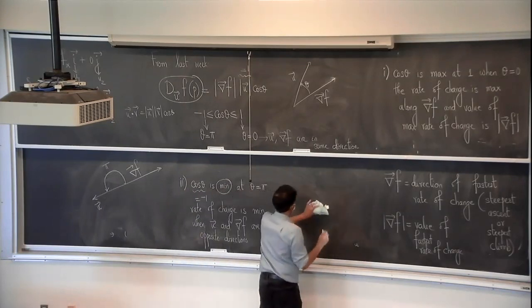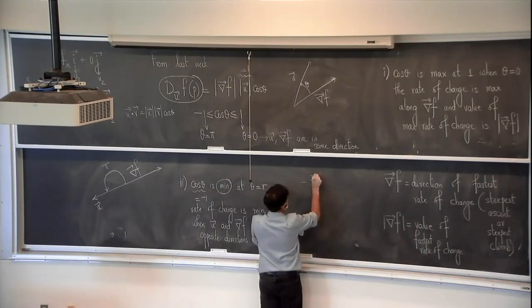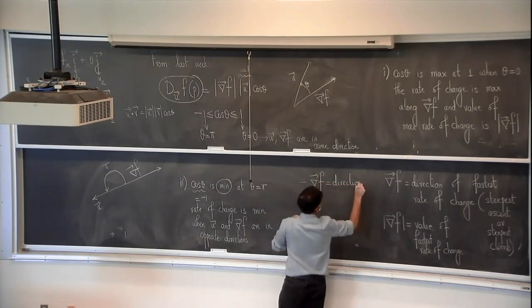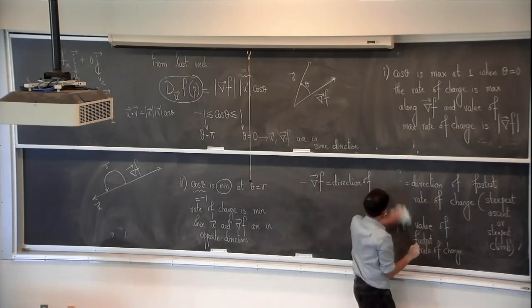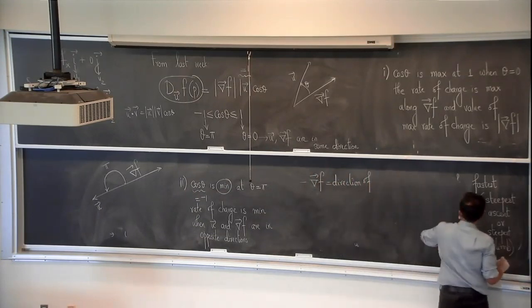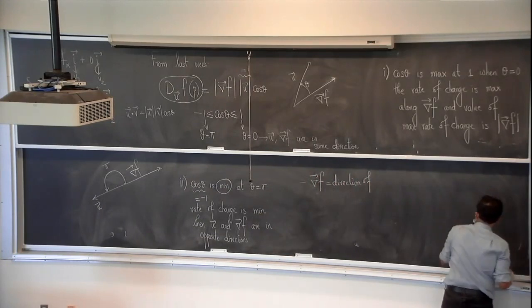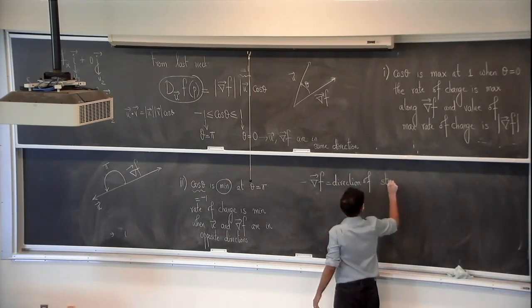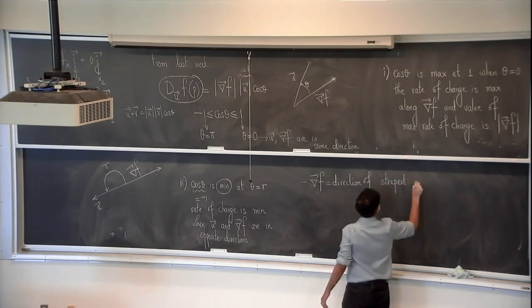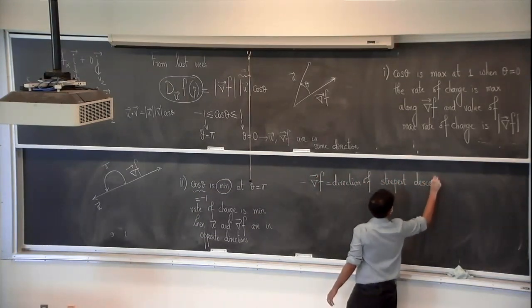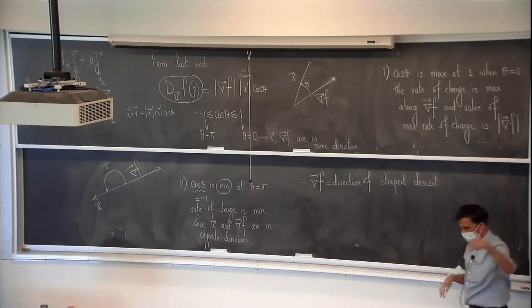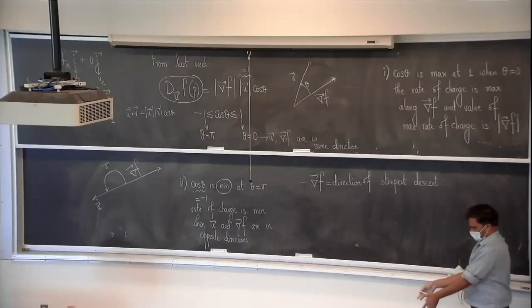In other words, the negative of the gradient of f is the direction of the steepest descent. If you are at the summit of a mountain and you want to come down fastest, just go along the negative gradient vector, and you will reach the foot at the fastest possible rate.